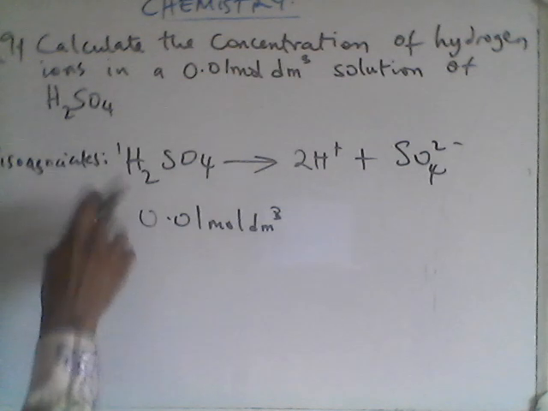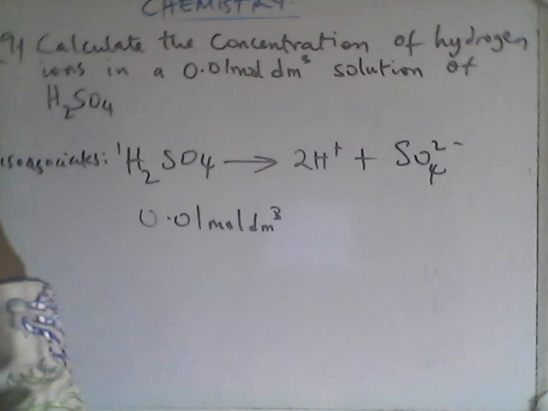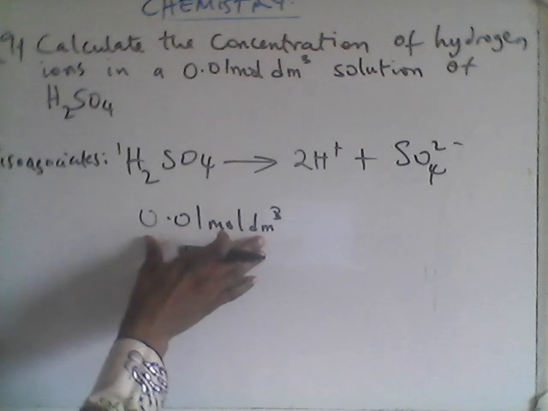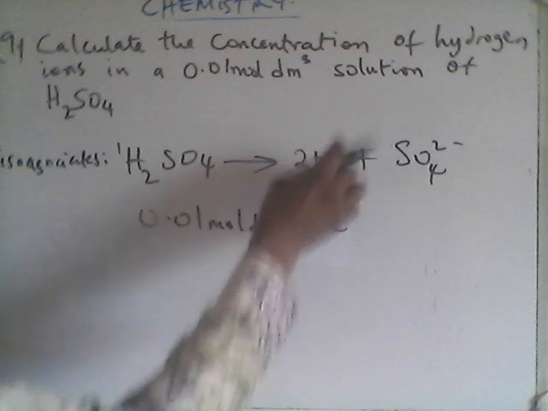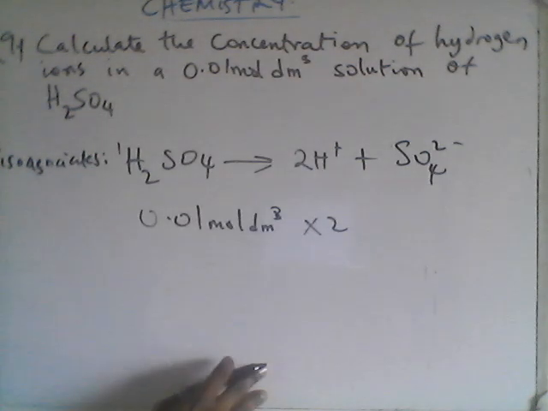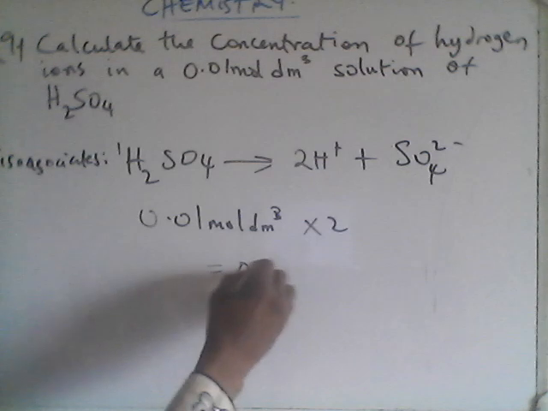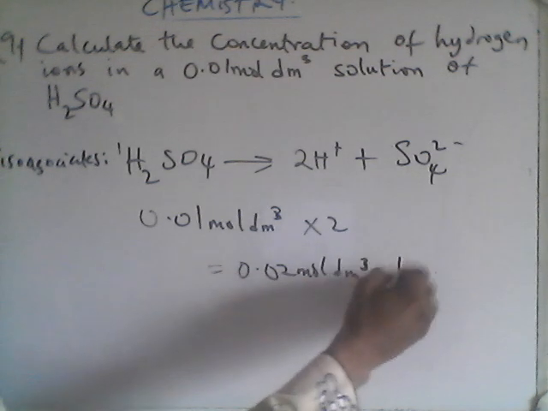So 1 mole of this gives how many moles of hydrogen ions? So this one is going to be times 2 of this to give me the concentration of the hydrogen ions. So when I do the maths, I will have 0.02 mole per dm cube of hydrogen ion.